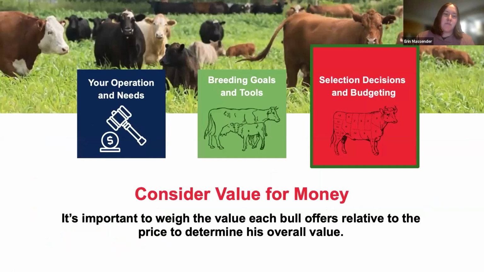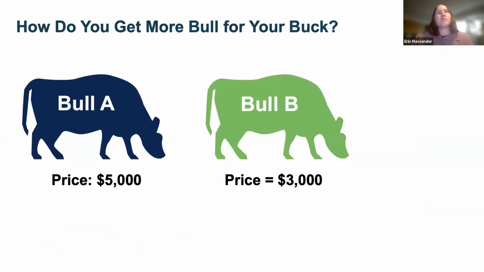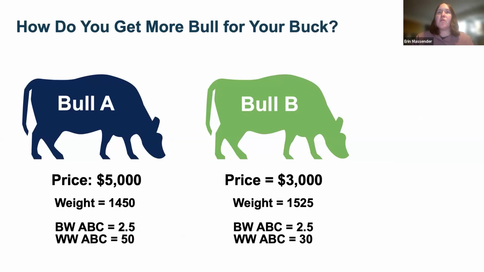The last thing we need to consider is budgeting and value for money when making our selection decisions. So we should evaluate things in terms of the performance of the bull and their expected value to our herd. In this case, just as an example, we have two bulls, one with a price of $5,000, one with a price of $3,000.